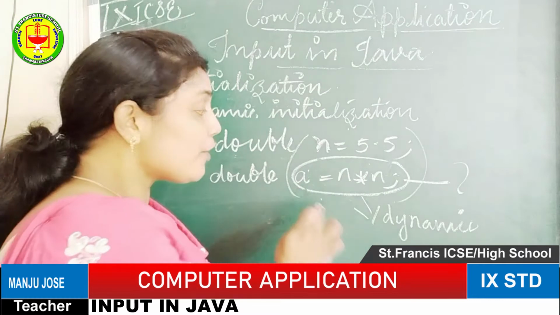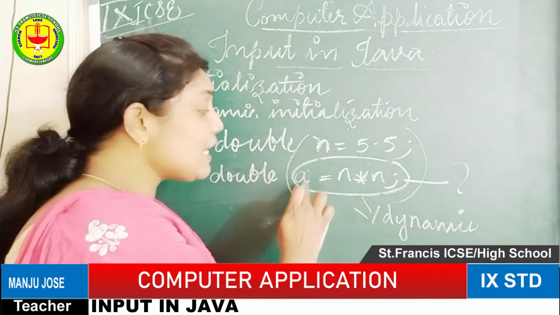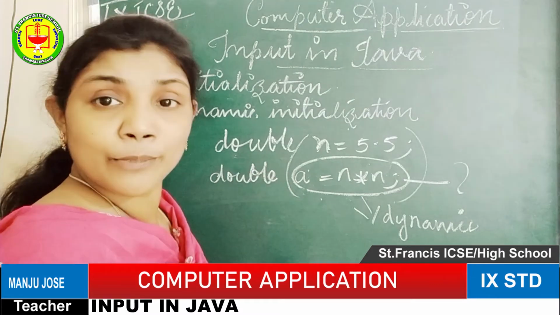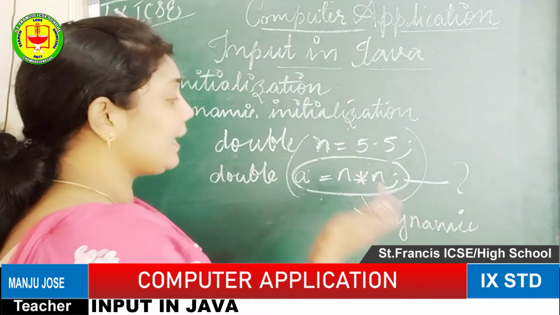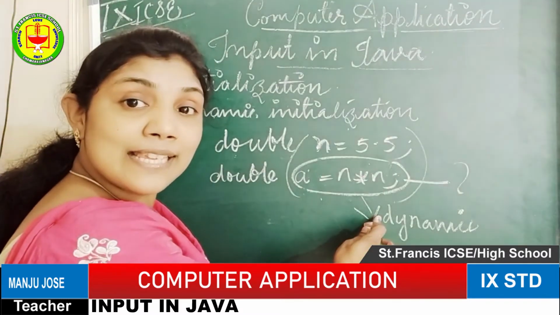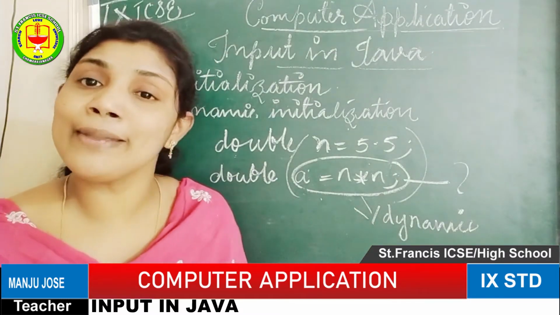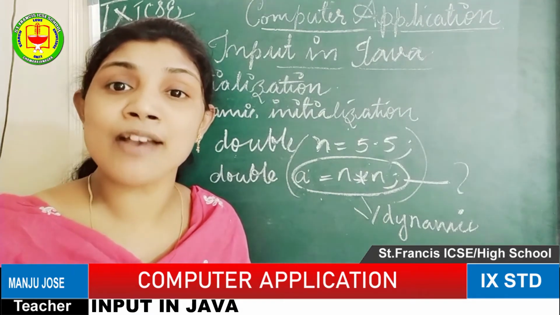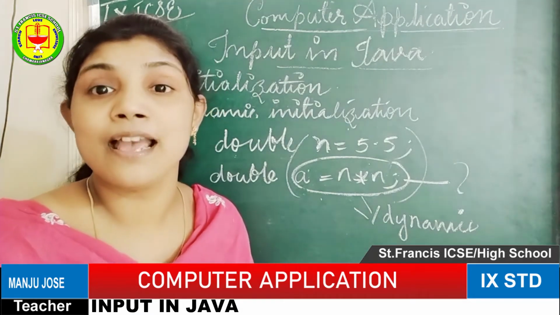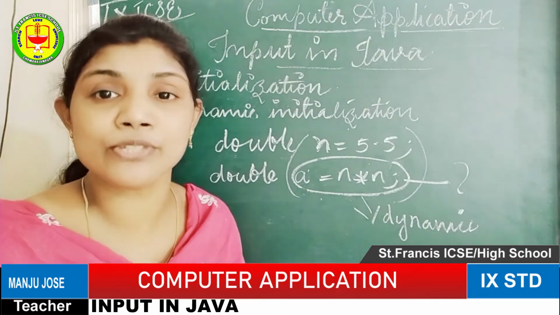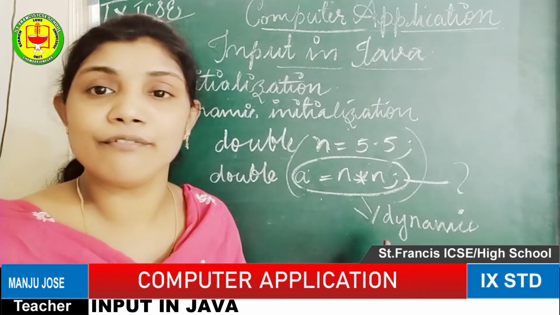If you want to know the result or the output of a, you should execute the program. Only after executing are we able to see the output of a. So this kind of initialization is known as dynamic initialization. That's why Java allows runtime initialization: while running the program, we are able to see the initialized value.